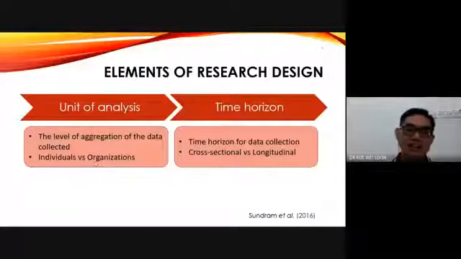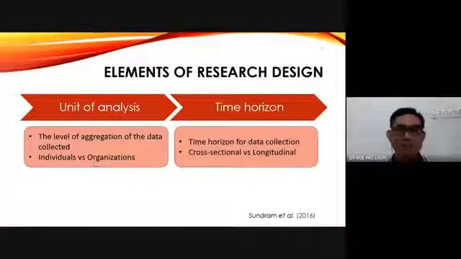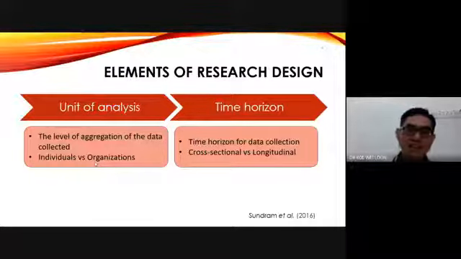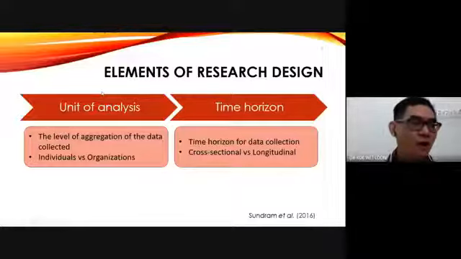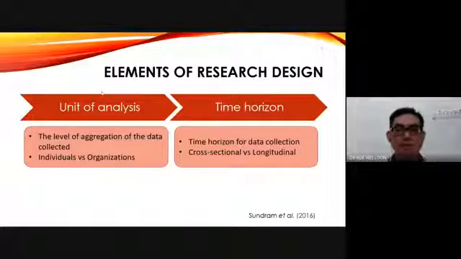So he is actually analyzing the country. Because he's studying the GDP and performance of the country, in his case the unit of analysis is country. But for our research, normally it will be either individuals or organizations.